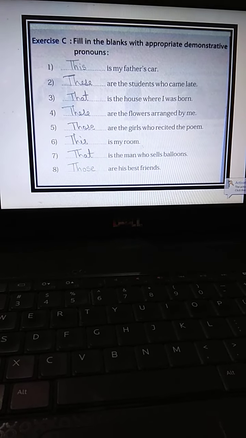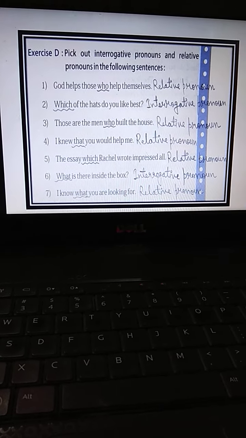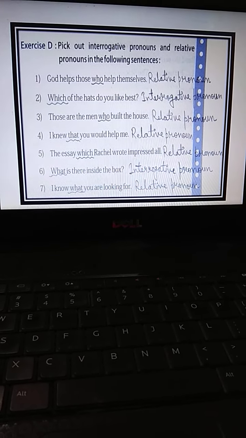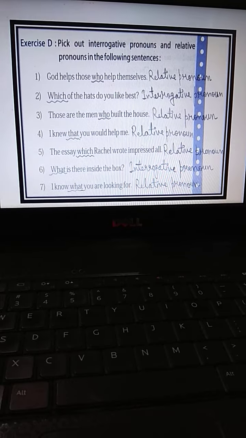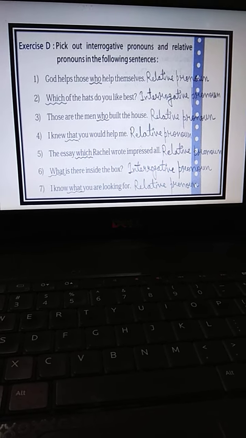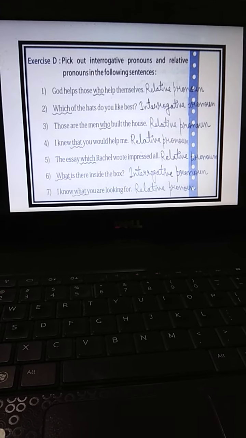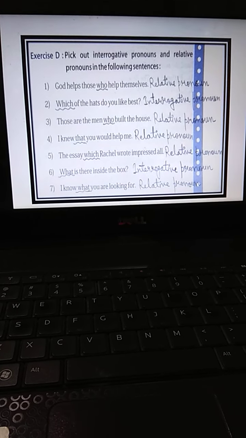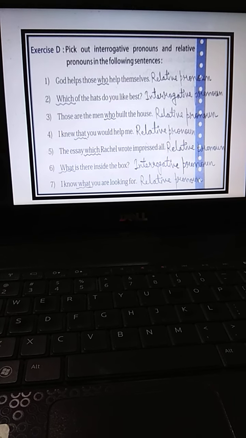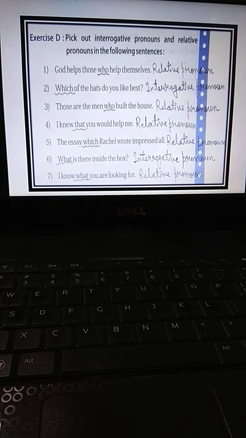Then after, exercise D, pick out interrogative pronouns and relative pronouns in the following sentences. So, we have to find interrogative pronouns and relative pronouns in the following sentences.